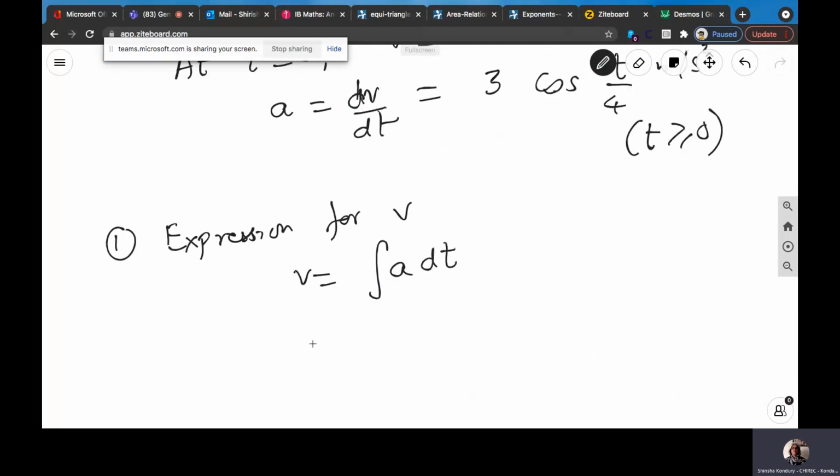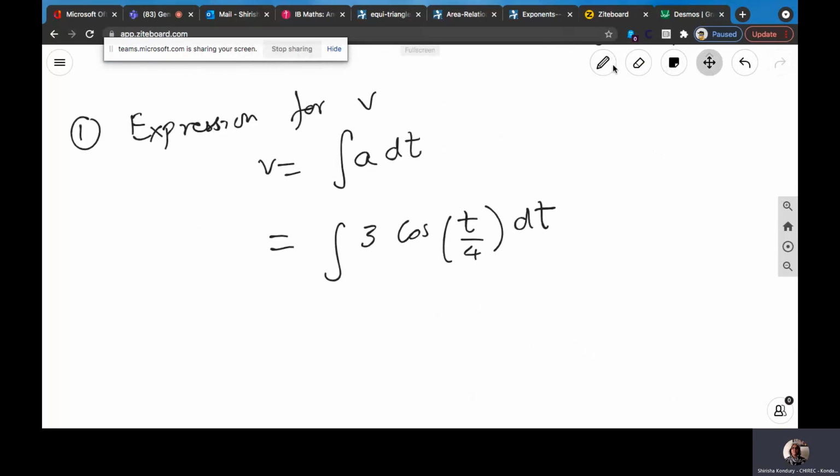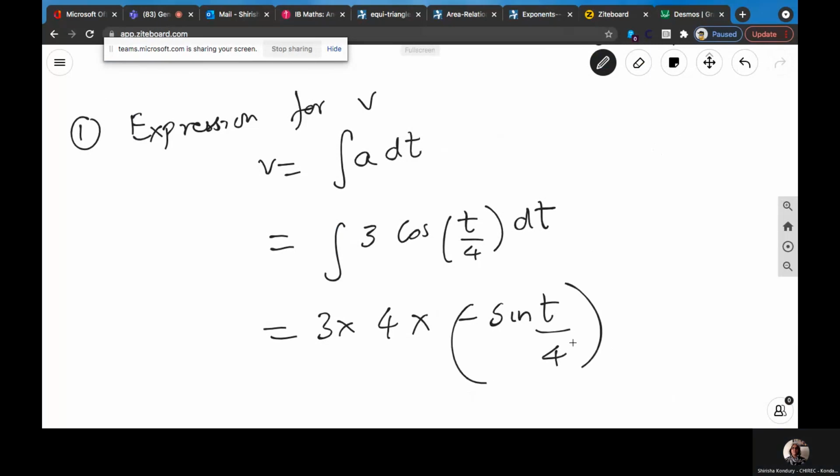So when I'm integrating, I'm doing 3 times the integral of cos t by 4 dt, which is 3 into 1 upon 1/4, which is 4. The integral of cos is sine, so it's 12 sine t by 4 plus c, right?